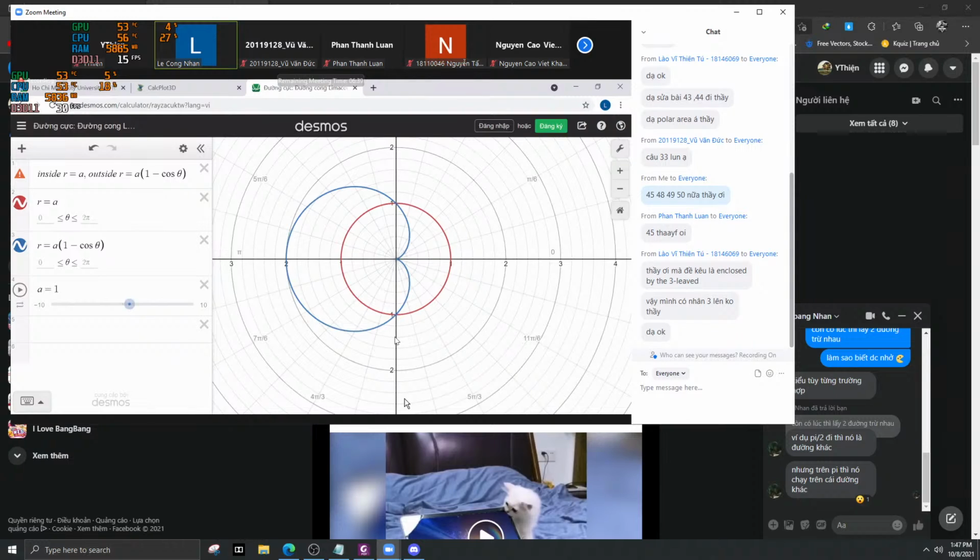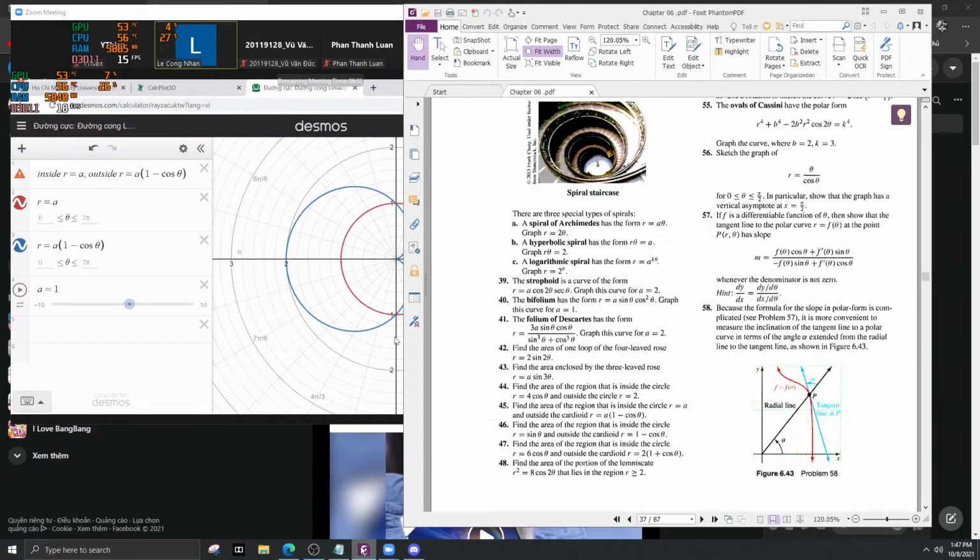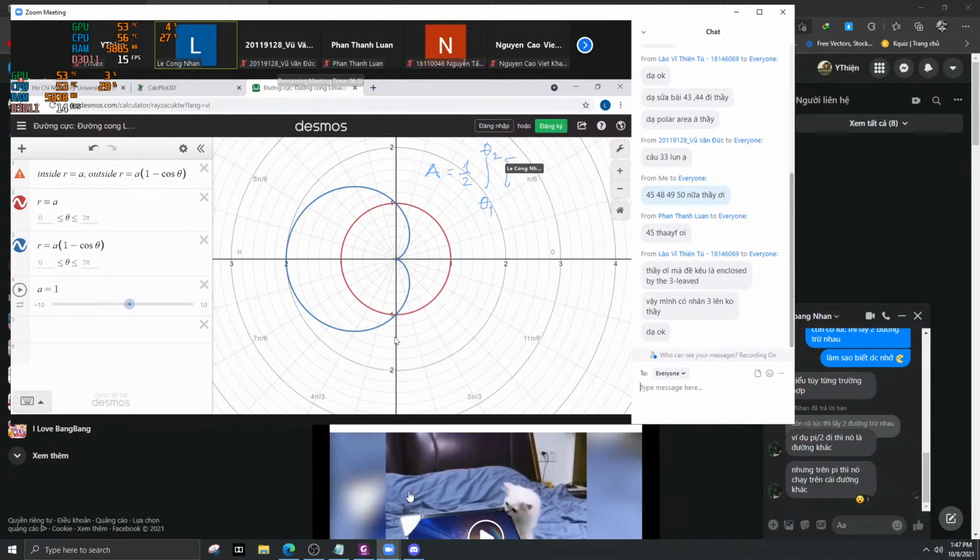The formula for the area is A equals 1/2 the integral from theta 1 to theta 2 of the outer radius squared minus the inner radius squared, d theta. So what about the outer radius?